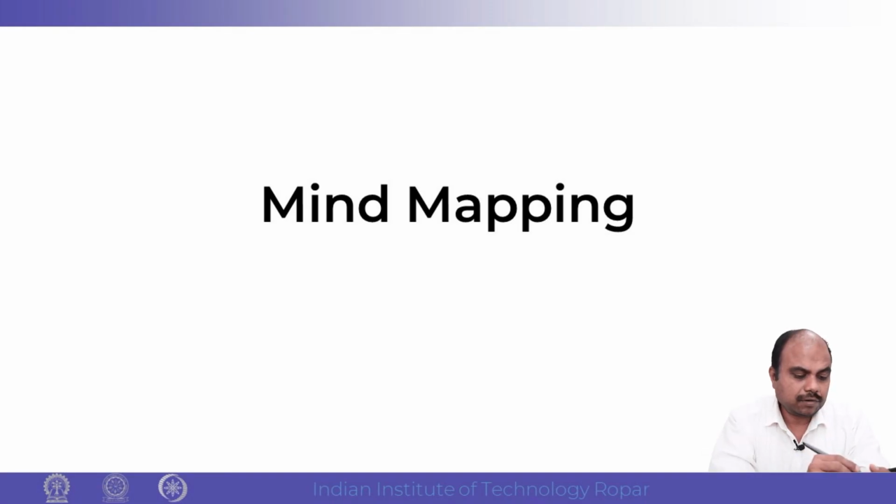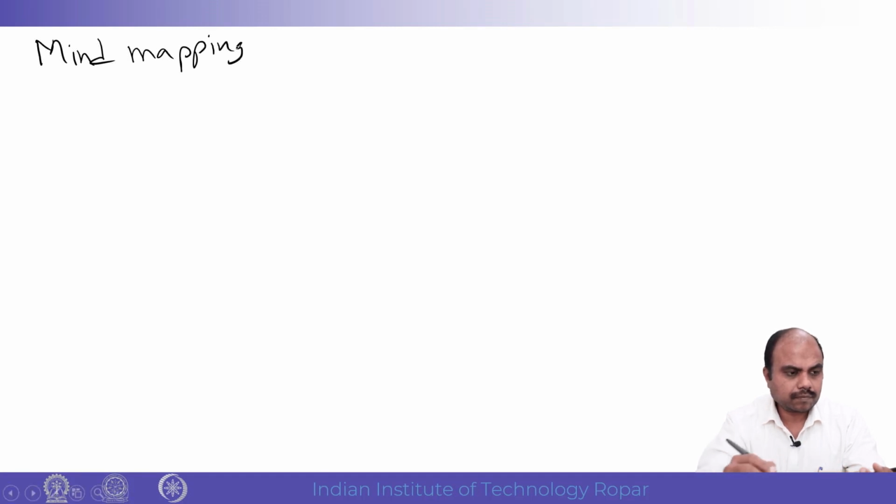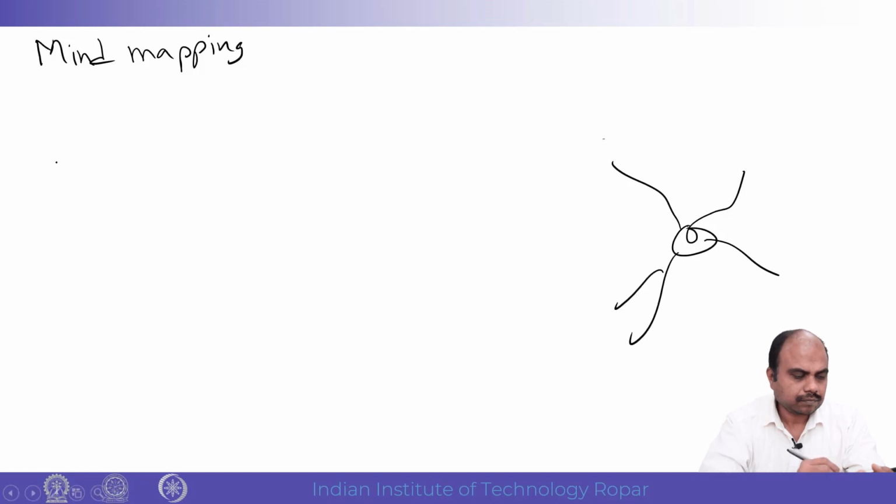Now we will be learning about mind mapping. So it is like this. Mind mapping is basically a diagram which is used to represent. It is a visual diagram.